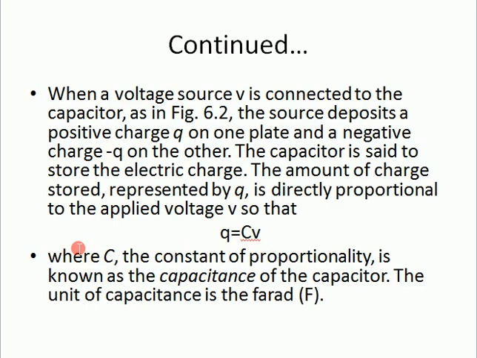So we can write Q is directly proportional to V. In order to remove the sign of proportionality and place the sign of equality, we have to put a constant here, known as the constant of proportionality. Here we put C as the constant of proportionality, and basically this C is the capacitance of a capacitor.